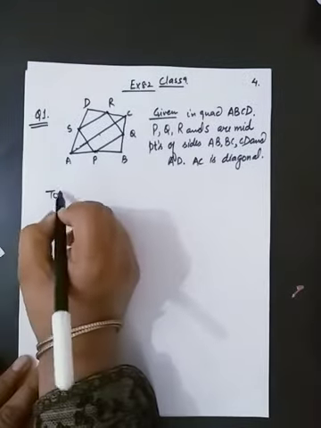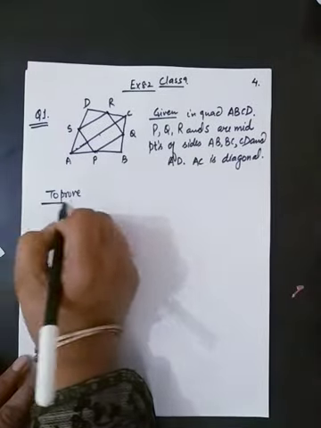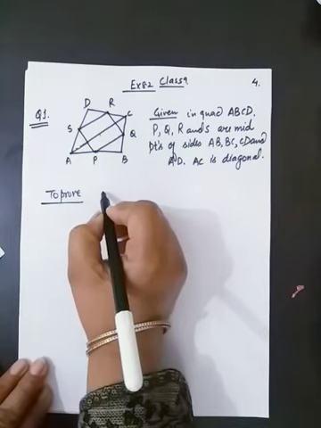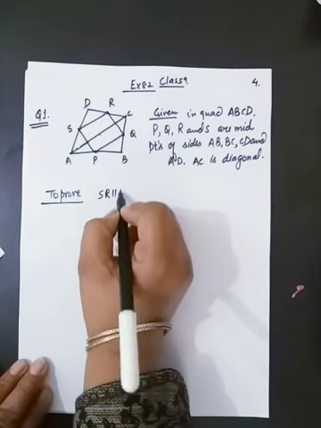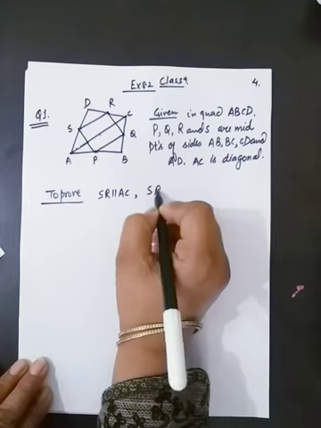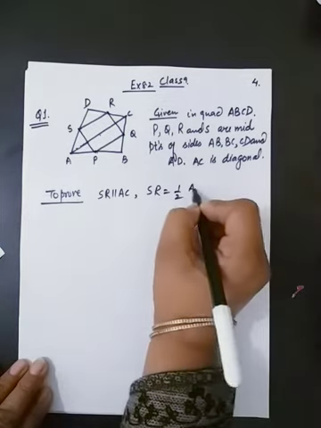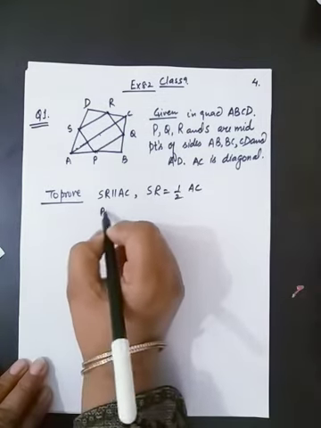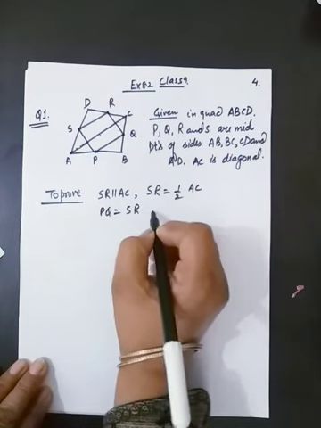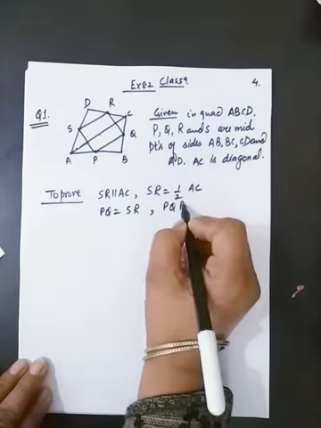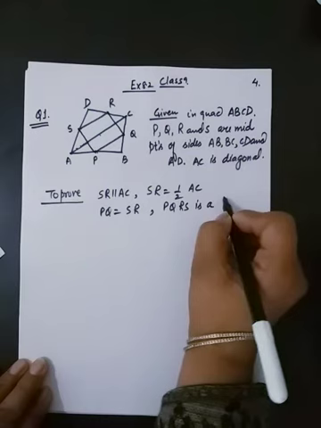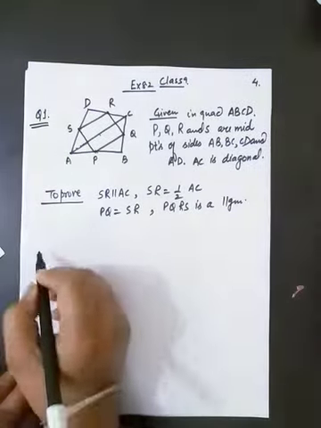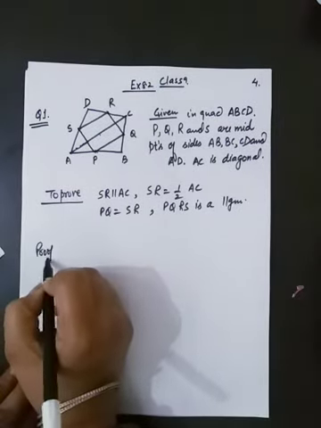To prove: SR parallel to AC, SR is equal to half of AC and PQ is equal to SR and PQRS is a parallelogram.